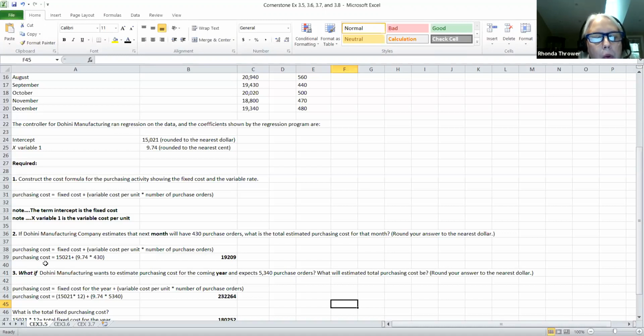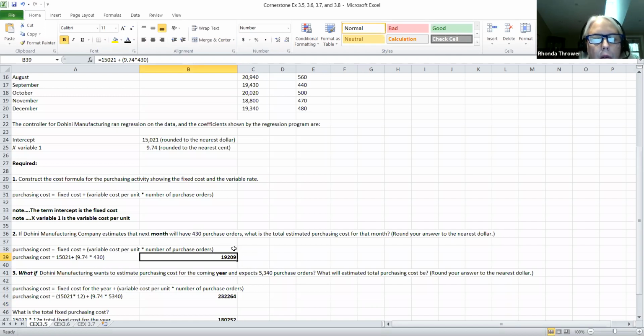So therefore, my fixed cost was $15,021. I would just substitute that into the formula, and then my variable cost per unit was given at $9.74. I would have to multiply it by this month's purchase orders, which was also given at 430 units, or 430 purchase orders.